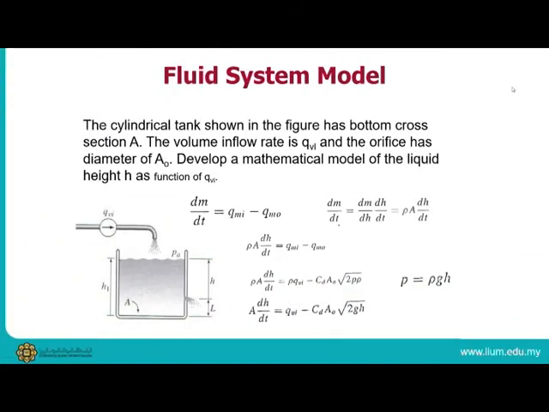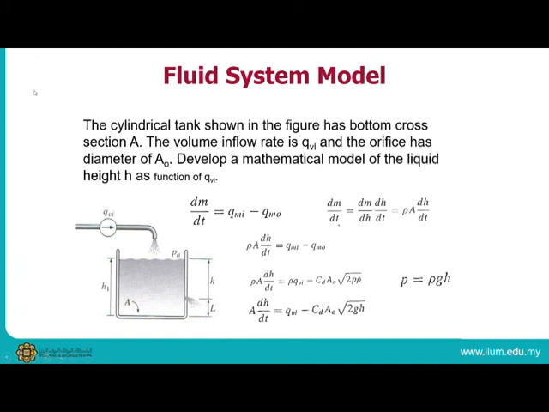Alright, so let's see an example. You have a system where we have a Qvi here instead of the Qmi. A is the cross-sectional area, this is the total height, and with the L, there is an orifice at the distance L from the bottom.